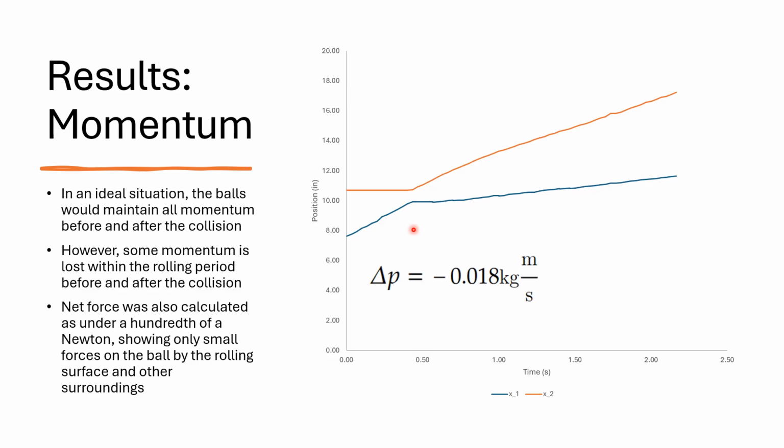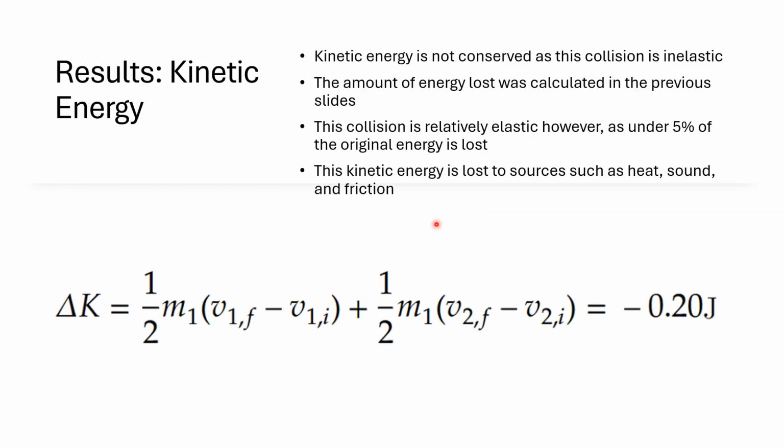Net force was also calculated to be pretty low. As we saw on the last slide, it was under a hundredth of a newton, showing only small forces on the ball. I think it was 0.008. So the surface does not contribute that much. Now for kinetic energy, we saw that it was 0.2 joules, pretty small, under 5% of the original energy.